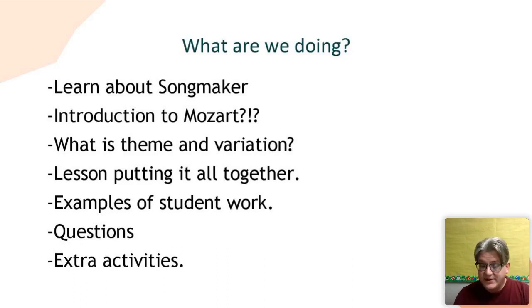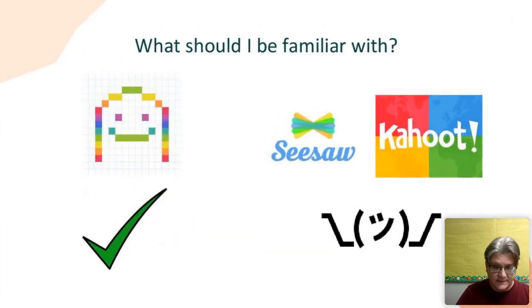We're going to talk about theme and variation, and a sample lesson that I did that puts it all together. We're going to see and hear some examples from my students. I picked some of my favorites to share with you. We'll have time at the end for questions and even a few extra fun activities. Okay, so let's get started.